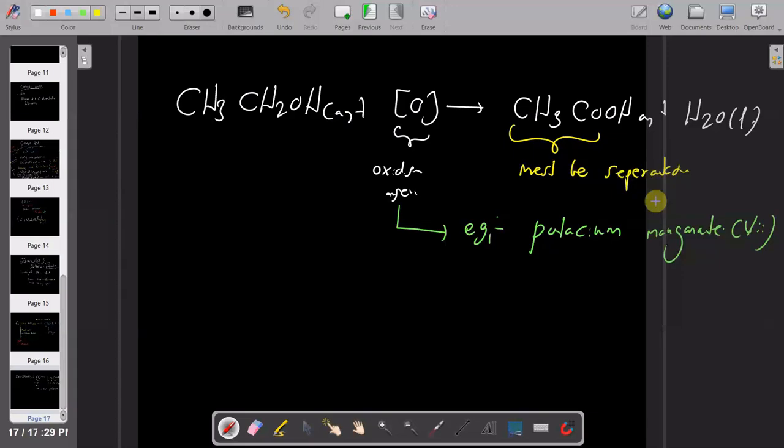Because now these compounds have different boiling points. Water has a different boiling point. Ethanoic acid has a different boiling point. Remaining ethanol has a different boiling point. Potassium permanganate too. So all these are contained in our product now, right? But we should separate it and get a more pure product, right? So fractional distillation is the method to go, right?